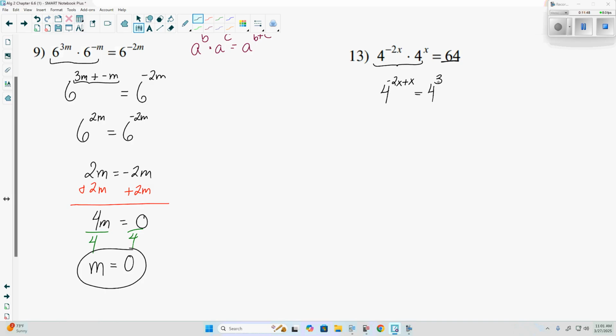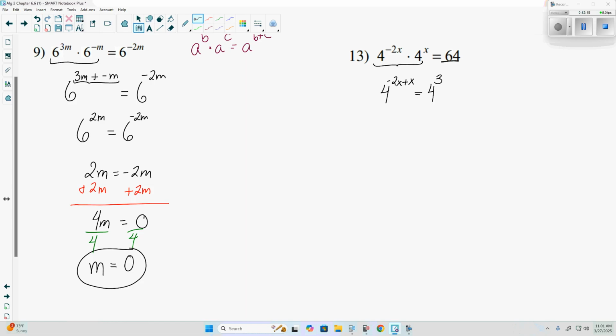So even though we start off with 2 on one side and 64 on the other, if we can rewrite them as the same base, rewrite 64 as 4 to the 3rd so that both bases are the same, we can still use this property. So since 64 is 4 to the 3rd, we can replace it because 4 to the 3rd and 64 are the same.